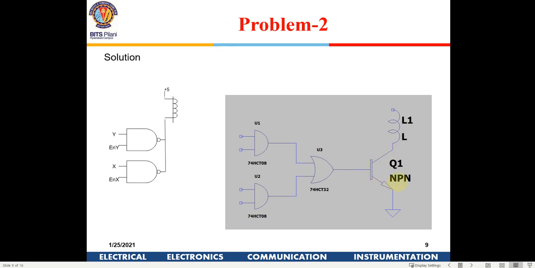Now you can choose a transistor which can drive sufficient current. Whenever either these both are high or these both are high, there will be a one here, and this transistor will be switched on. Now you can pick up a transistor, see the specs, and take a transistor which can give huge current, right?